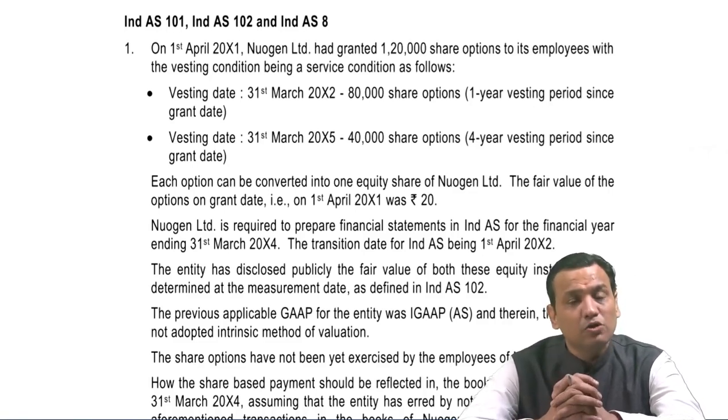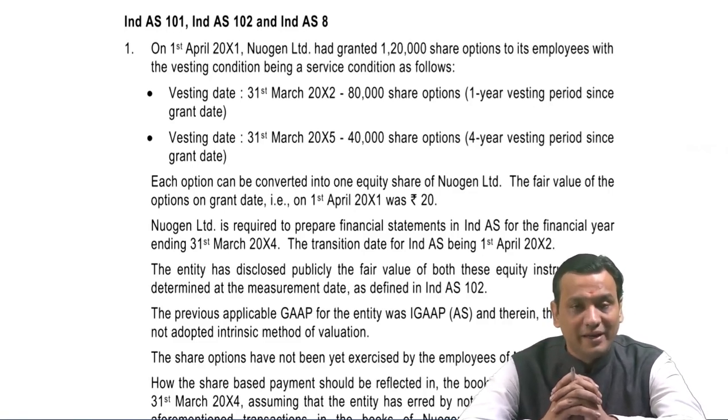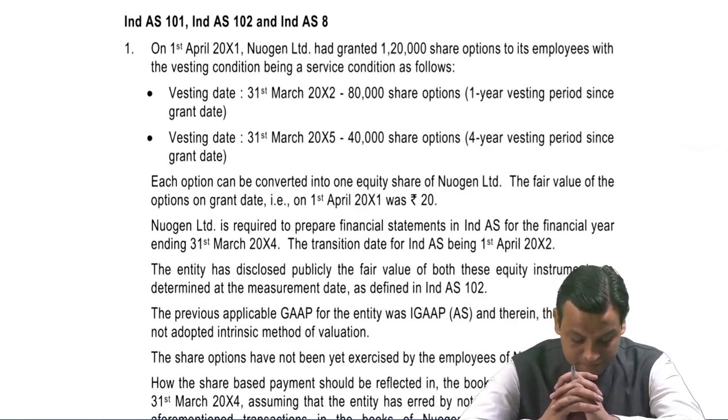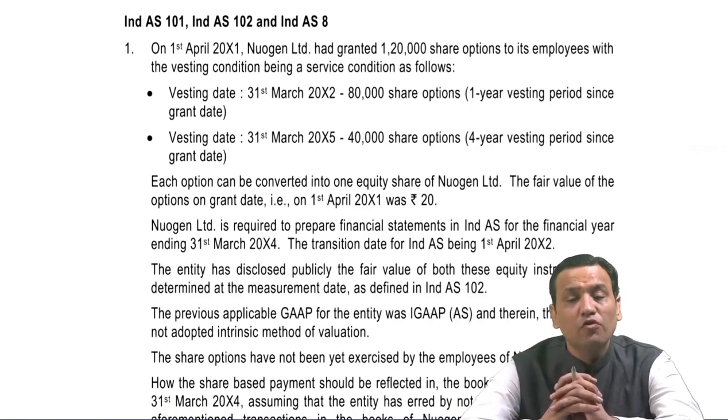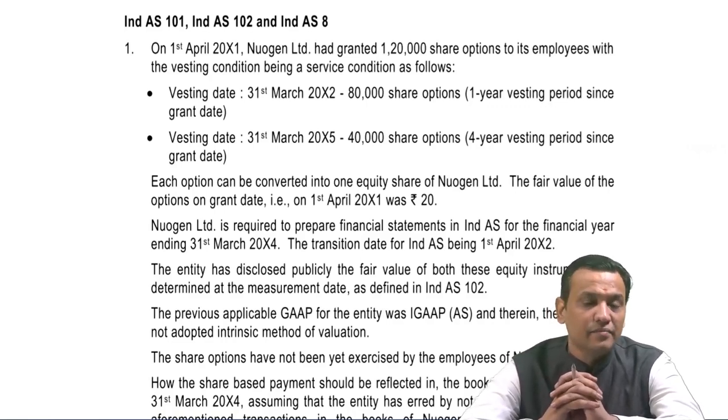On 1st April 2001, Newgen Limited granted 1,20,000 share options to its employees, with a vesting condition being a service condition as follows. Vesting date 31st March 2002, 80,000 share options, 1 year vesting period since grant. Second, vesting date is 31st March 2005, 40,000 share options, 4-year vesting period since grant.